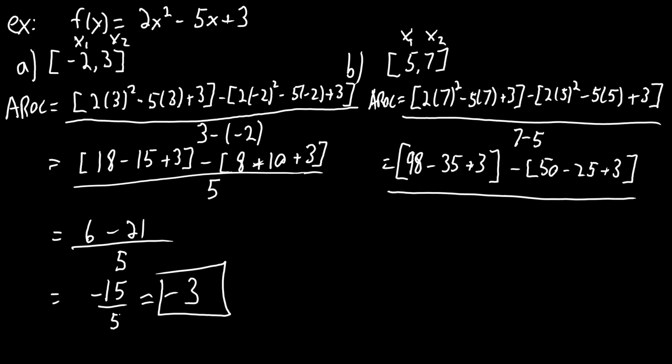And over 2. Okay, so 98 minus 35 is going to be 63. Plus 3 is 66. Okay, over here we're going to have 50 minus 25 plus 3. Okay, so that's going to be 28. So we're going to have 66 minus 28 here. And that's all over 2. So 66 minus 28 is 38. 38 over 2 is 19.